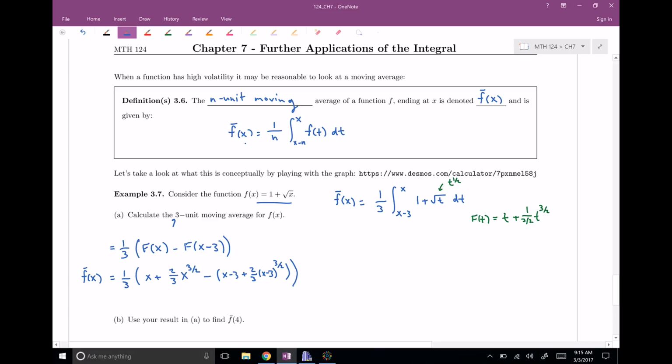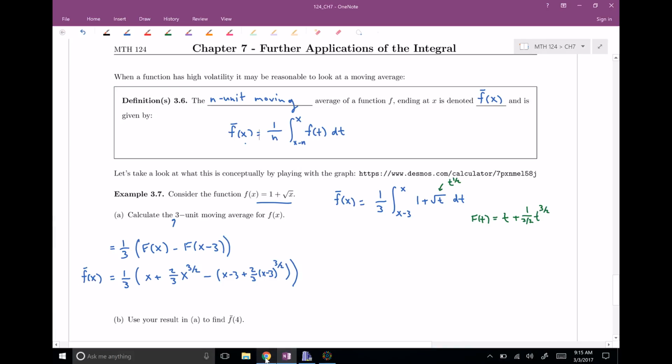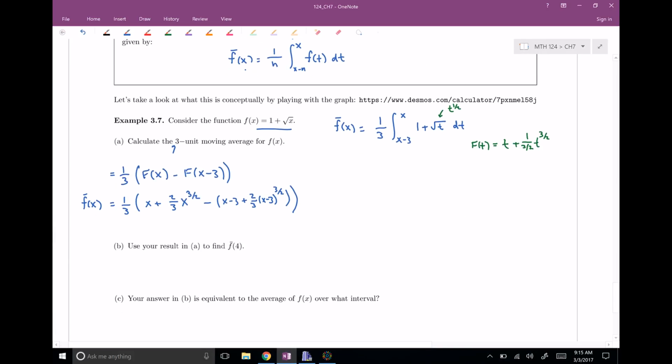That's why it has an x here. The n-unit moving average is actually this green dotted line right here. It is a function in its own right, so it's going to have a variable. That's why we have x's, and you have to be okay with just leaving your answer as this.